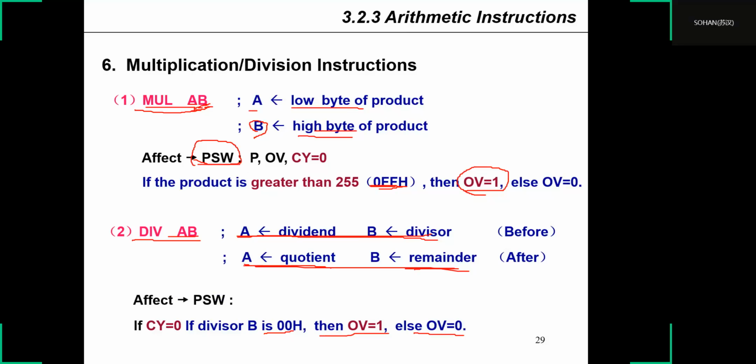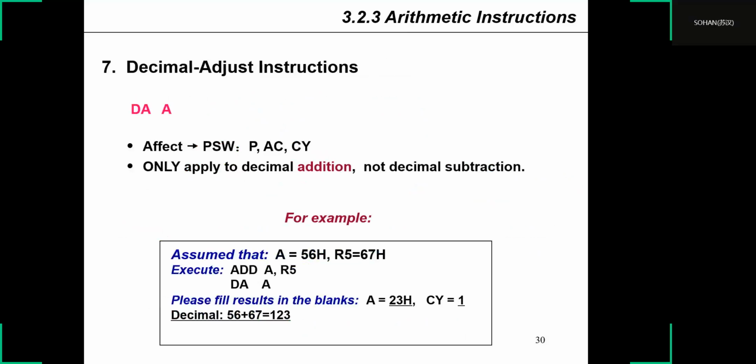Okay. But teacher, can you write these things in full format? Because at the time of revision we may forget about it. Program status word, that is in chapter 2.